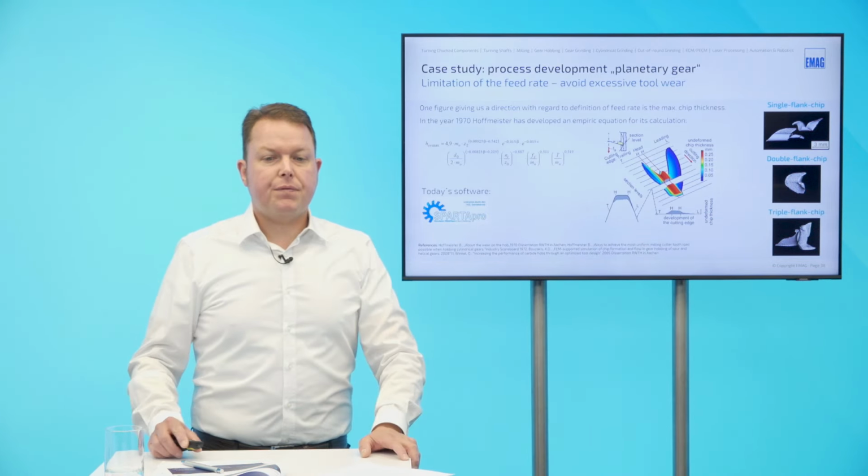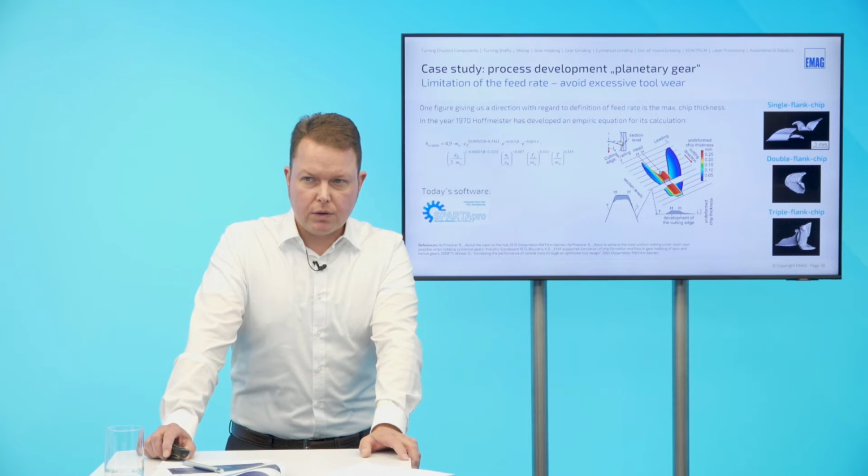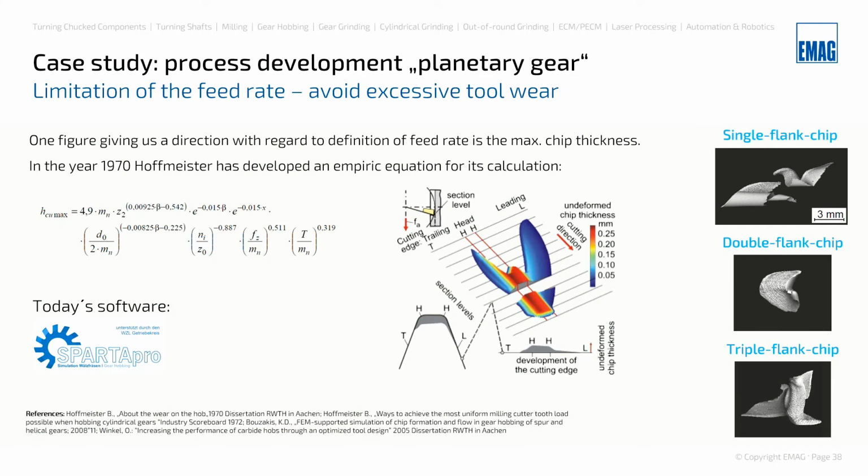So with regard to limiting the feed rate in order to avoid excessive tool wear, there's a possibility that has been developed by Bernd Hofmeister. He wrote his thesis at University in Aachen, and he developed this empiric equation that we see here, and we can calculate the maximum chip thickness depending on the process and gear and hob data.